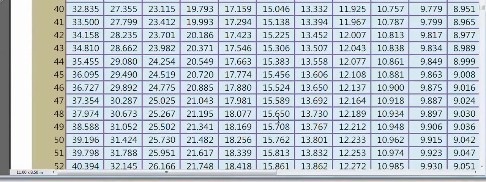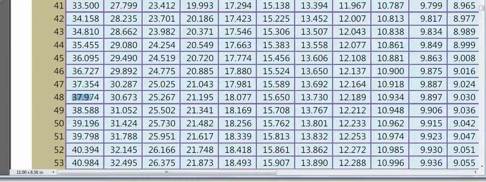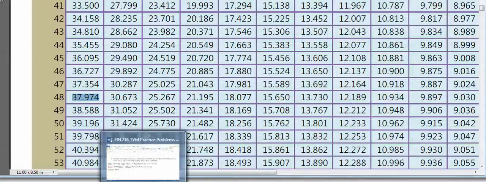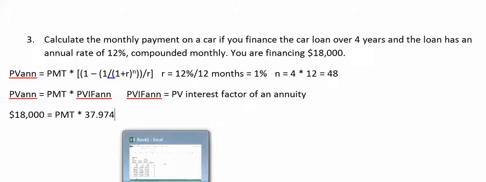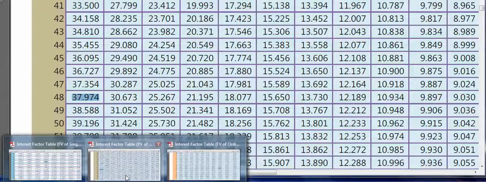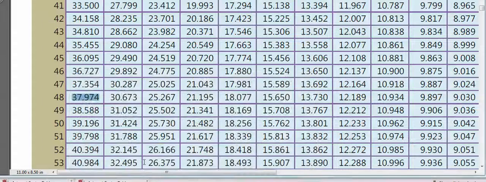Oh, yay. It's on a different page. So 37.974 is the interest factor. You'd think I'd remember, but I've got to double check. 37.974. There we go.